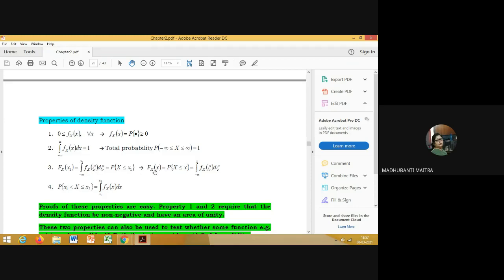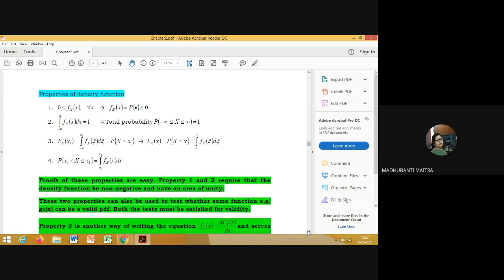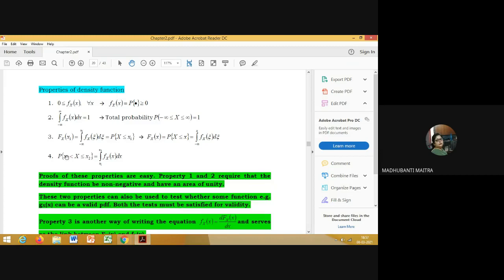And from this we can write that Fx equal to probability x less than or equal to x will be given by this, and the probability that the random variable will lie within a particular range, that means x is greater than x1 but less than or equal to x2, including x2, will be given by integration, and now the limits will be from x1 to x2, fx dx.